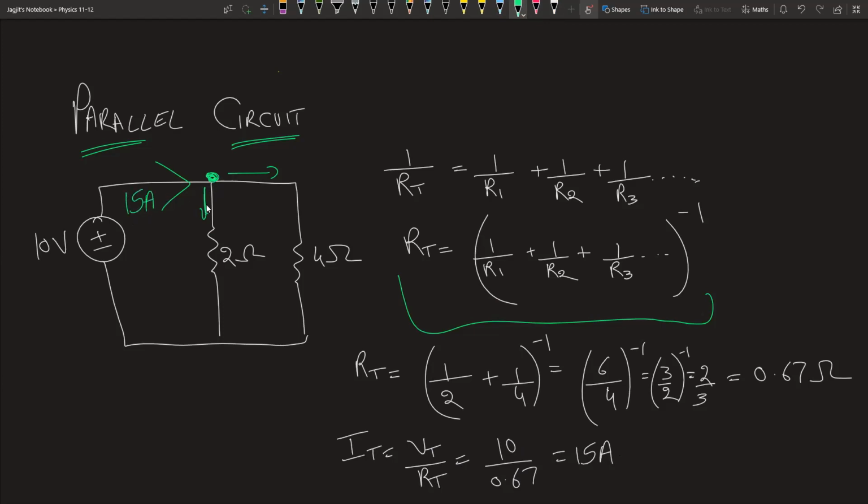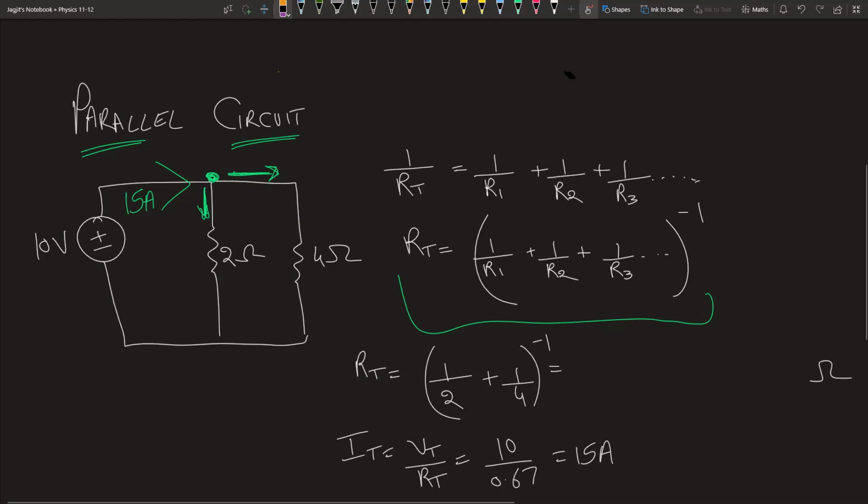And then it got split up, right? Sorry, the resistance total is half plus 1 over 4, right? That's right. And how it's become 6 over 4, I think. You could have just done 2 over 4 plus 1 over 4. Okay. Let me, I think there could be a mistake here.